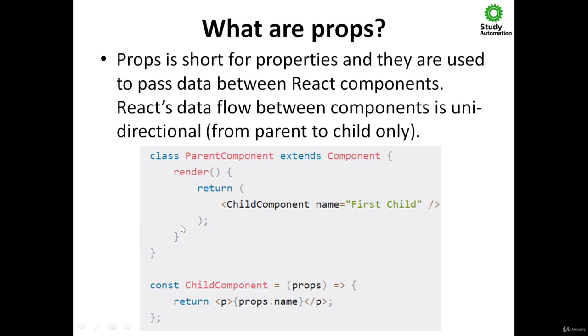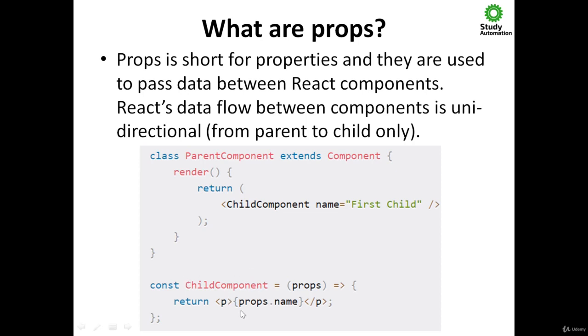In this example, you can see we have a parent component, one of the classes, which returns a child component, and in the child component we are just passing the attribute name. Now this name will be used in the child component through props. In the child component we pass our parameter props and then we return props.name.